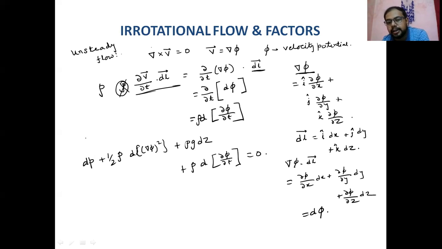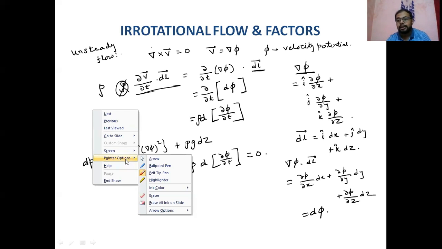That's the Euler's equation. If you do the integration, it will come as, for the case of irrotational flow, the unsteady Bernoulli's equation. But the importance here is the irrotational flow.